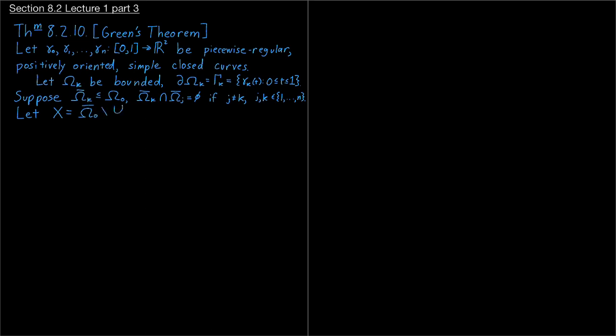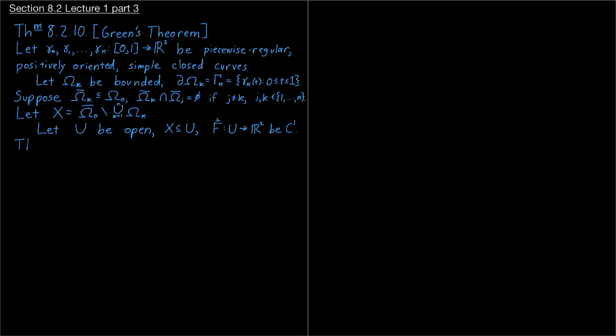So X is a closed set, and we're maybe throwing away these open holes inside. And now let's let U be open, X a subset of U, and F goes from U to R^2, be continuously differentiable, C^1.